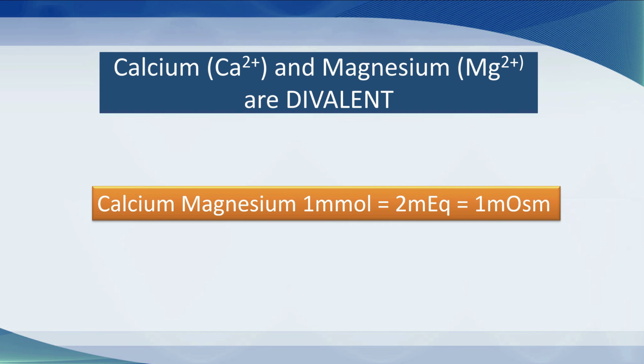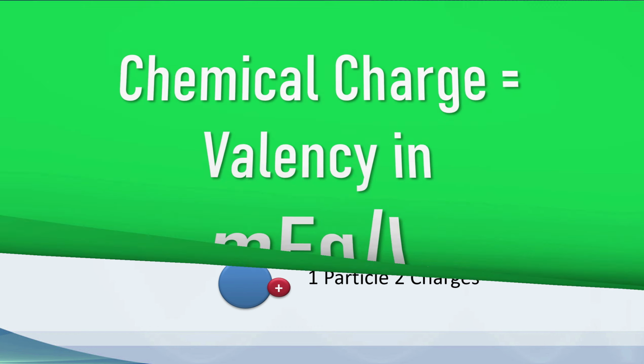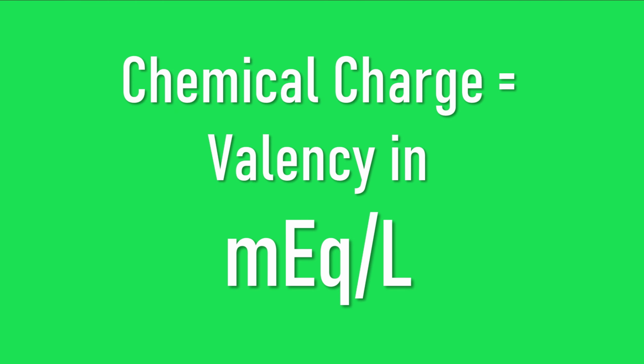That means for every 1 millimole and 1 milliosmole, there are 2 milliequivalents. So what you have is one particle, 2 charges. And that's important because those 2 charges must be accounted for in electrical neutrality. Throughout this course, we're going to refer to chemical charge or valency in milliequivalents per liter.